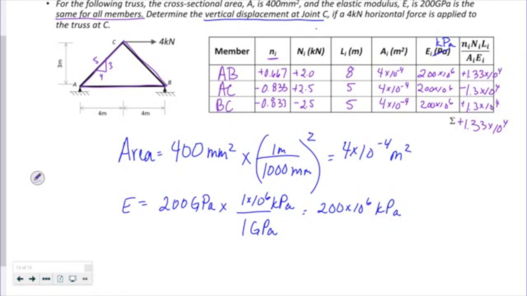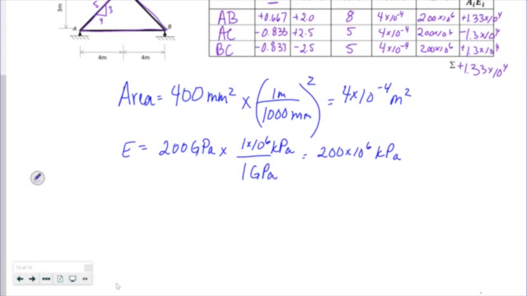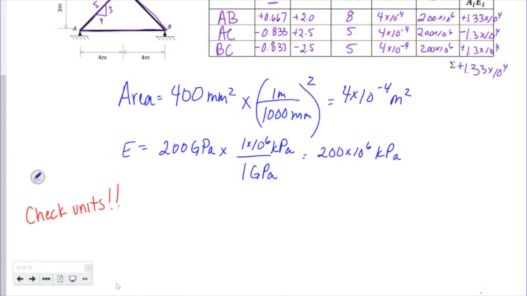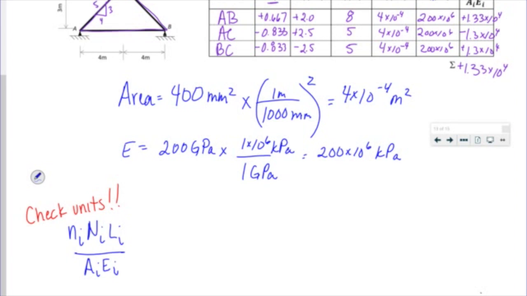Now the question is, what are those units? Right? So let's see, I've got little n, big N, L over A, E. Little n is unitless.